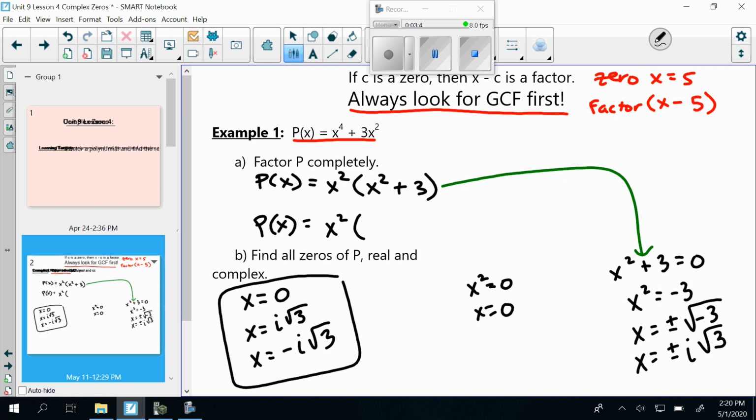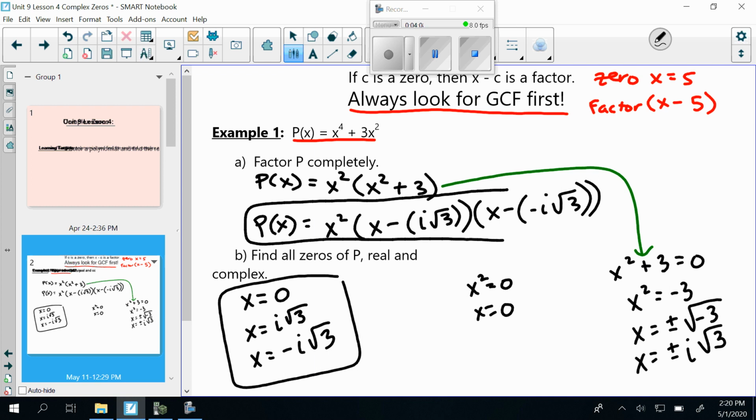So we would end up with x minus i square root of 3 and x minus negative i square root of 3. That would be the complete factored form of that.